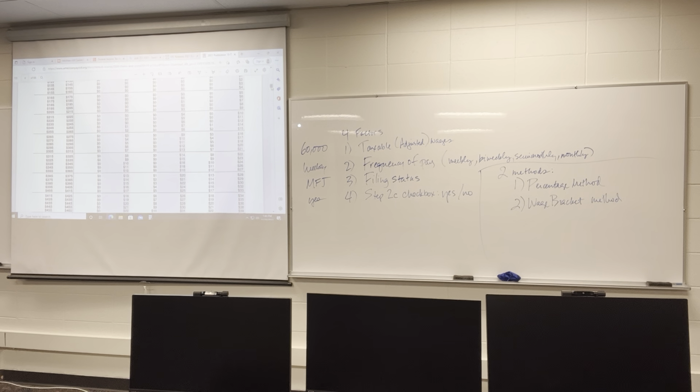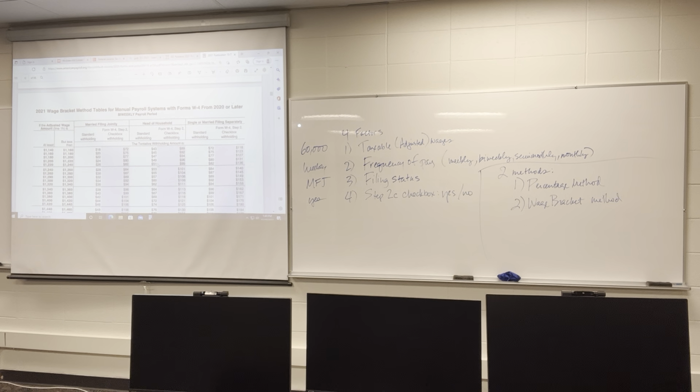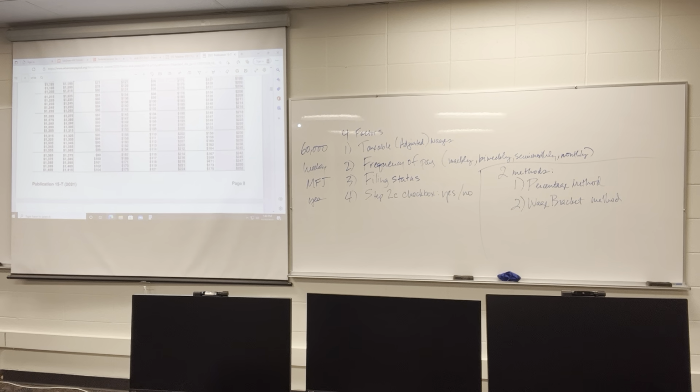So this one's weekly. Oh, we want weekly. 1153.85 is at least 1140, but less than 1160. They are married filing jointly, and the checkbox is checked. So $72. You can see this is a little bit different. It should be roughly the same.